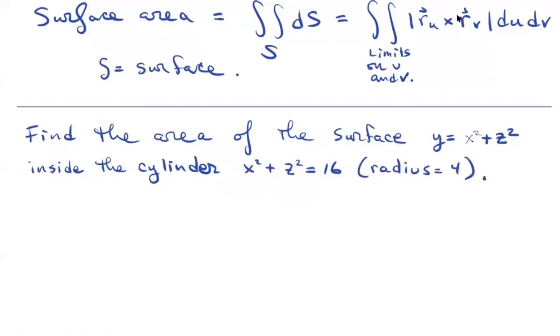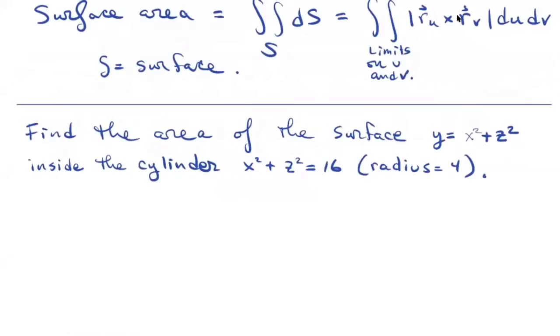So this y equals x squared plus z squared is a paraboloid opening along the y-axis.